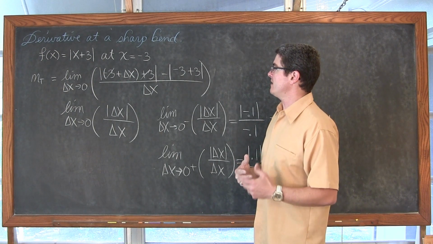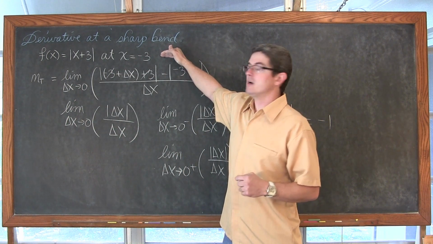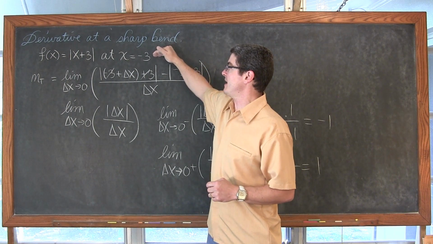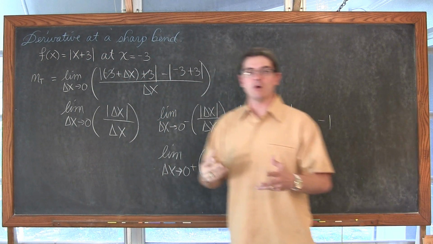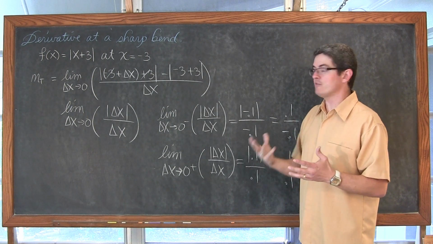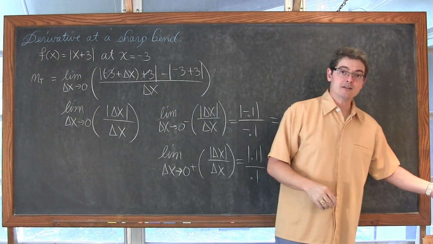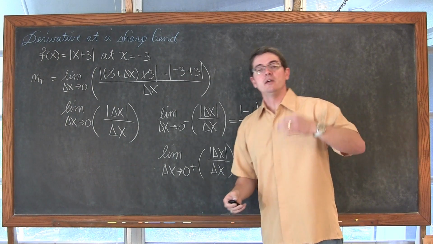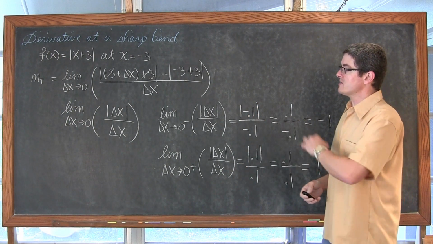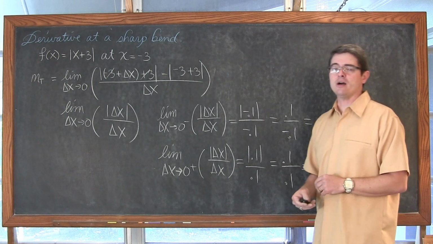We can't find the limit as x approaches 0. We can't find the slope of that tangent line at that sharp bend, in this case where it's equal to -3. The derivative function is also going to be undefined at that point since we can't find the limit. So you can't find the derivative, you can't find the slope of a tangent line at a sharp bend, because the left and right hand limits are not equal.